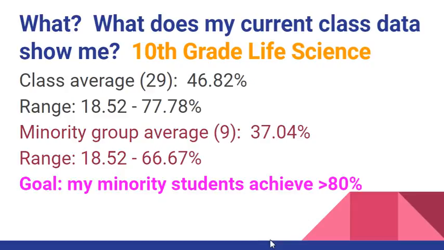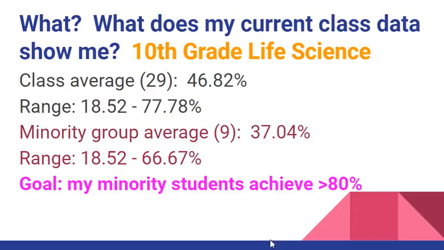And so I can see that there's definitely a need if I want my students to be achieving at greater than 80%, which is a goal I have for myself and for my students. It means a B average. And so if I want my students to be achieving there, all of the students within my class group, as well as my minority group, do need to improve quite a bit to get to that point.